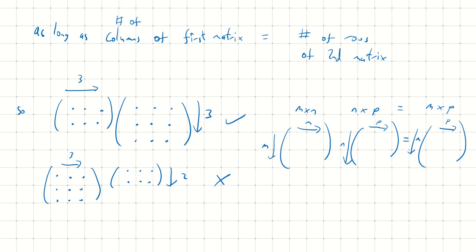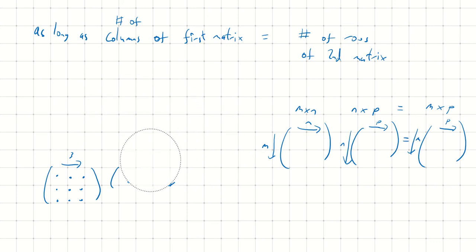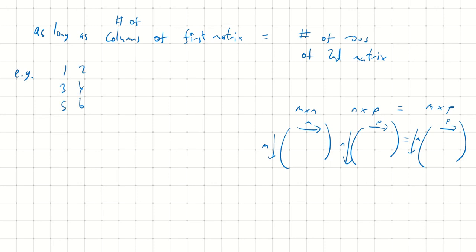Let's have another multiplication example. Let's try 1, 2, 3, 4, 5, 6 multiplied by this 1, 0, 0, 1.